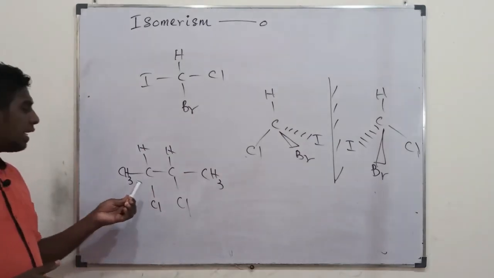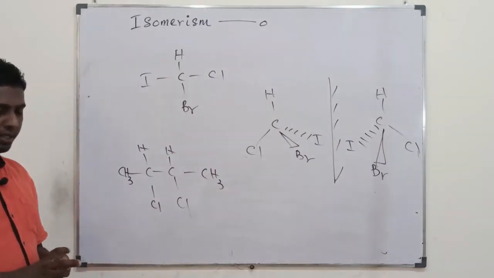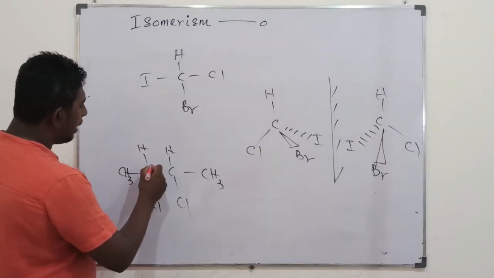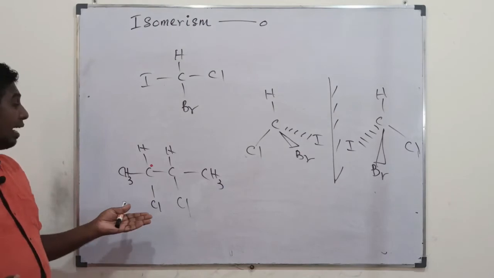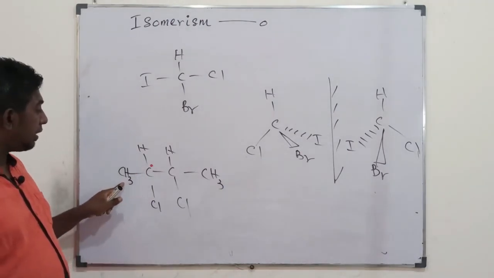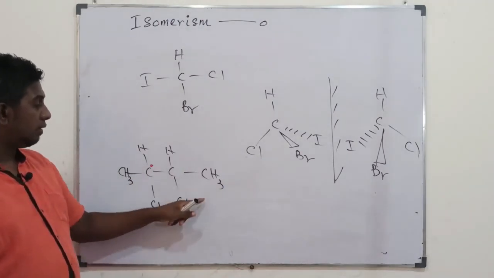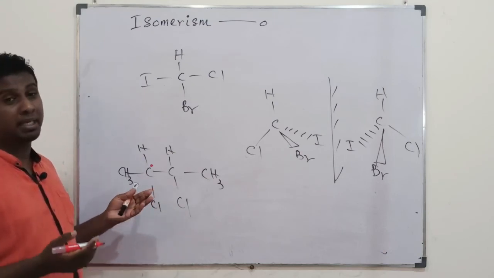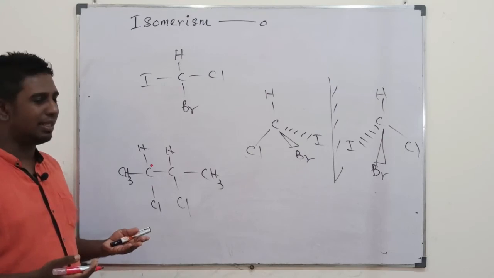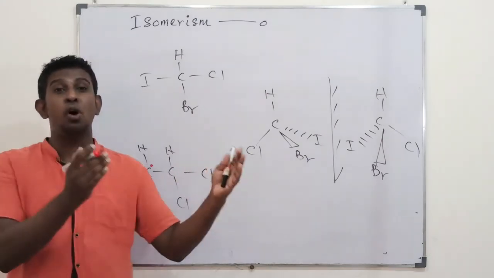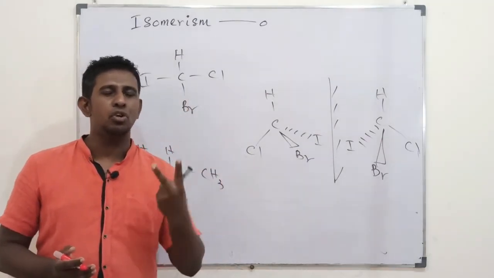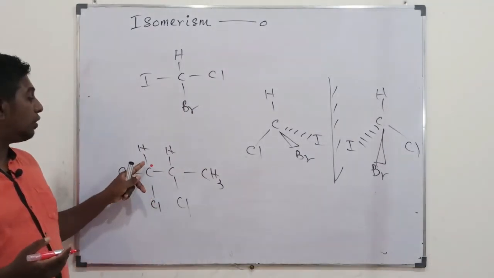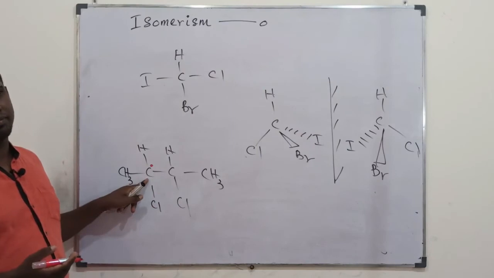When you have this kind of structural formula, around this carbon you would find a hydrogen, methyl and chlorine, and this is another different group. Then it's an asymmetric one. It's a chiral center. Therefore, you could expect two enantiomers due to the arrangement of these groups around this carbon.